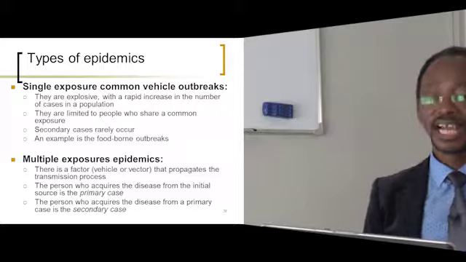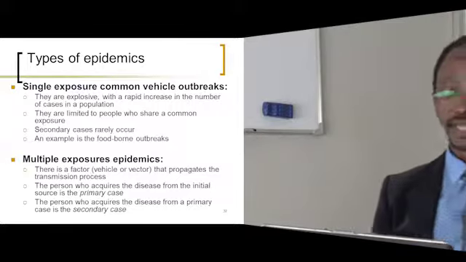Now, the last thing I want to talk about in this subsession is the issue of measuring outbreaks. As you know, to measure the ferocity of outbreaks, we use incidence. Incidence, if you remember, is the number of new cases occurring in a particular population over a given period of time.